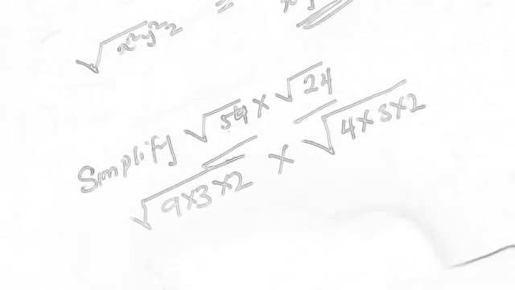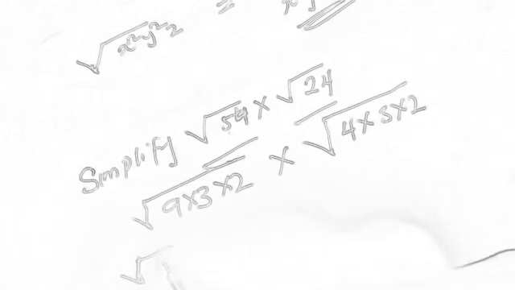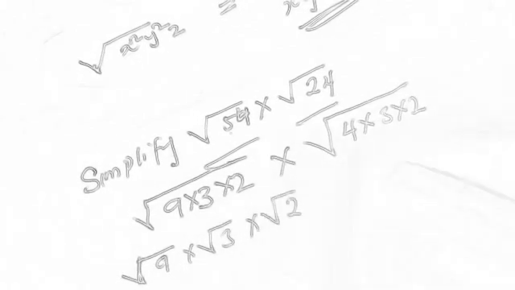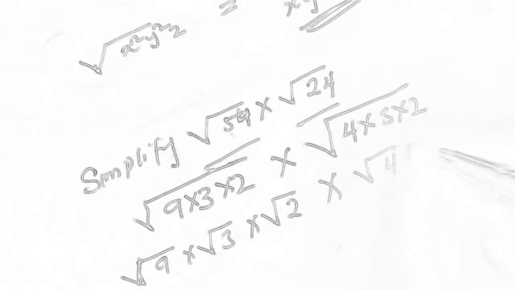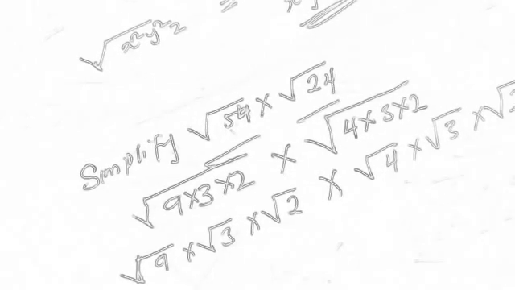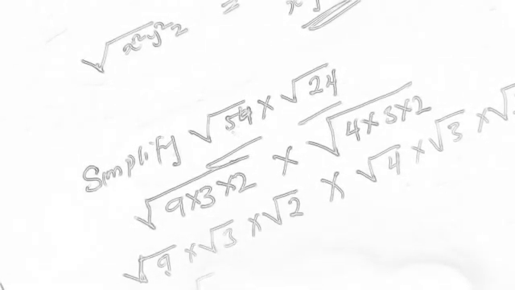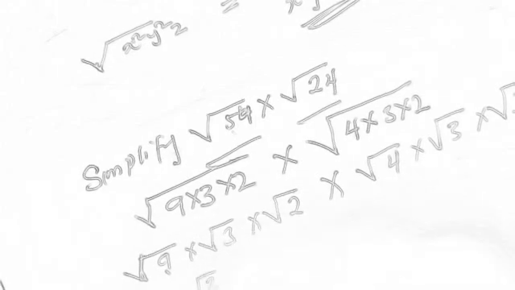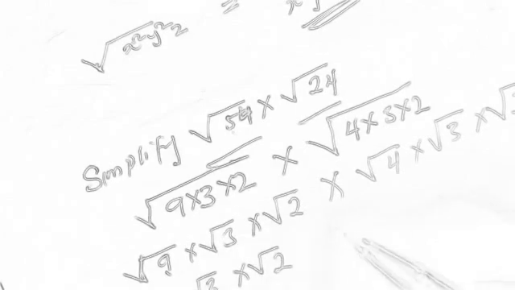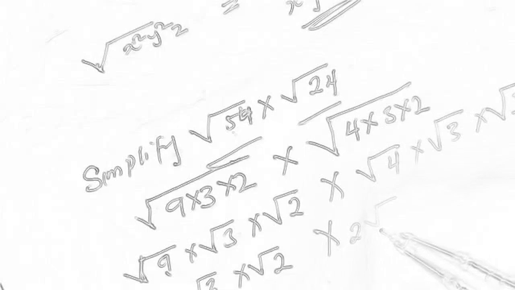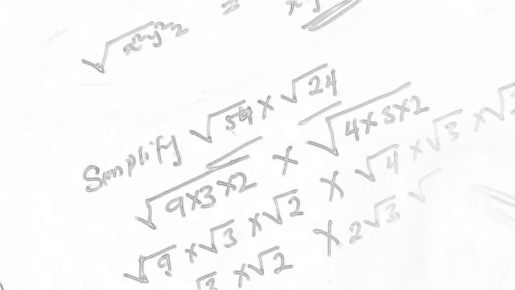So we have square root 9 times square root 3 times square root 2 times square root 4 times square root 3 times square root 2. Are you getting it now? Now, this one will become 3 square root 3 times square root 2 times 2 square root 3 times square root 2.